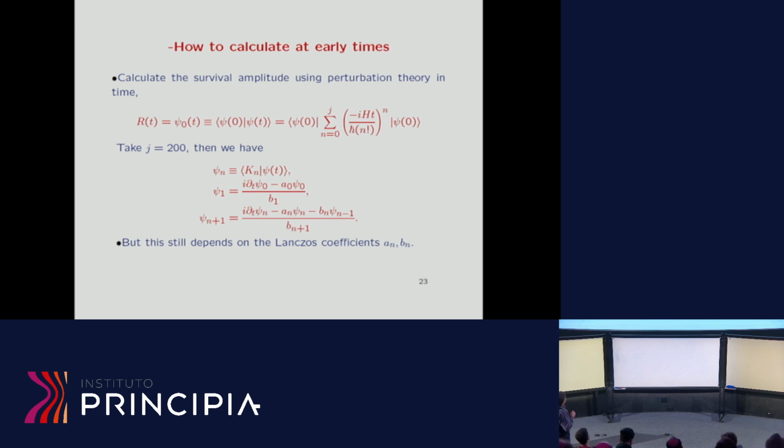One can compute the survival amplitude using just perturbation theory in time, applying the Hamiltonian a bunch of times, which at early times is possible. We can take, for instance, something like 100, 200 times, and then construct psi n from the original psi 1, and from psi n recursively you can construct psi n plus 1.